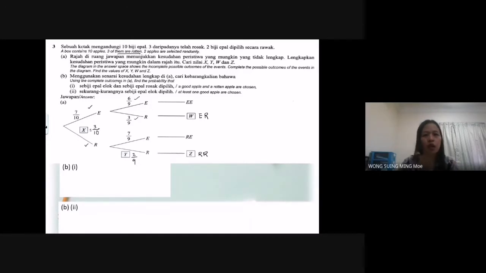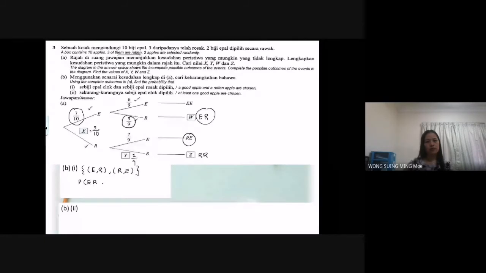Using the complete outcomes in A, find the probability that a good apple and a rotten apple are chosen. So one of the apples is in good condition and another one is rotten. So here both good, so cannot choose. So here, yes, we choose it. One good apple and another one rotten apple. Or here also we can choose one rotten apple, one good apple.